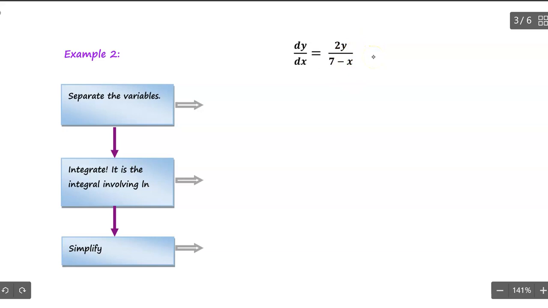So again, I will simplify by dividing both sides of this equation by dy, and at the same time, I multiply dx over to the other side. So I can immediately write it like this.